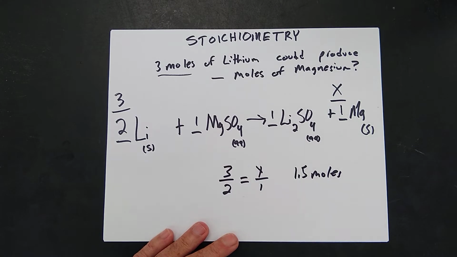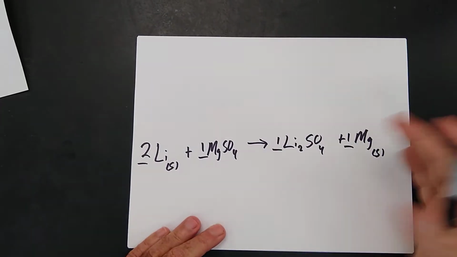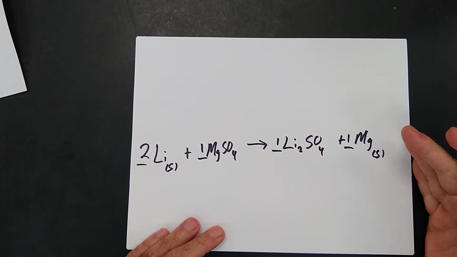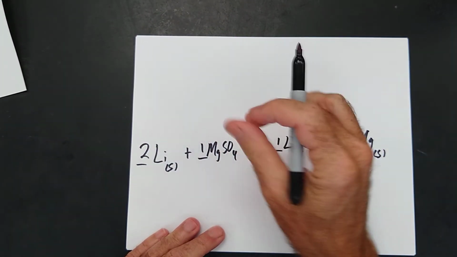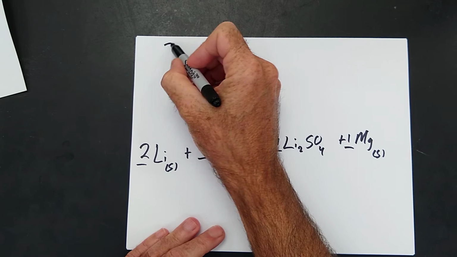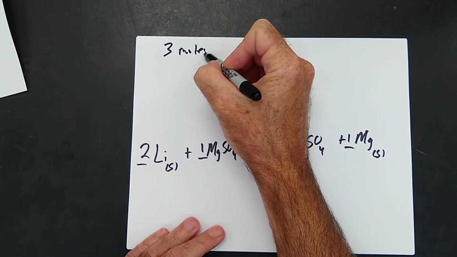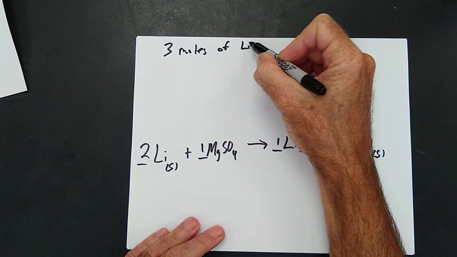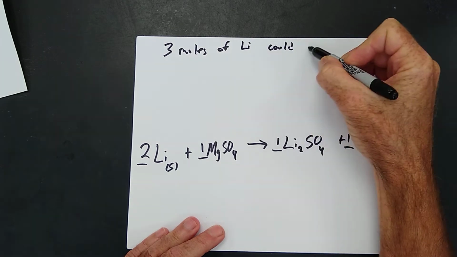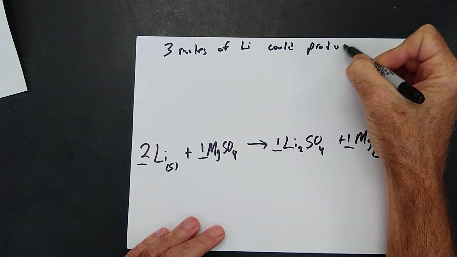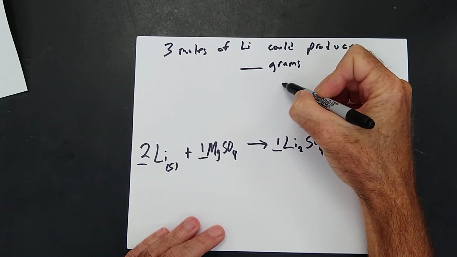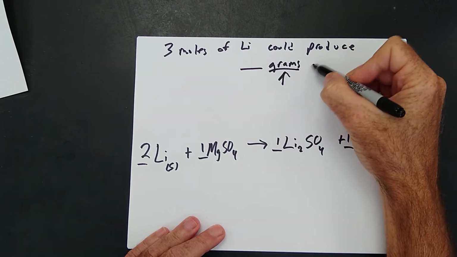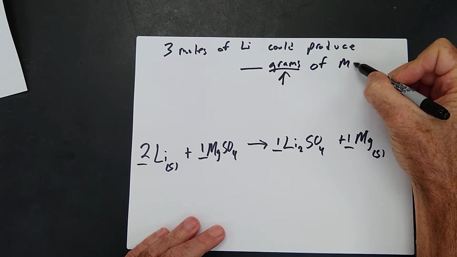Let's do another one. Now see, this is the same equation, all right? But I'm going to change the problem just a little bit. What if I said 3 moles of lithium could produce blank grams of magnesium?